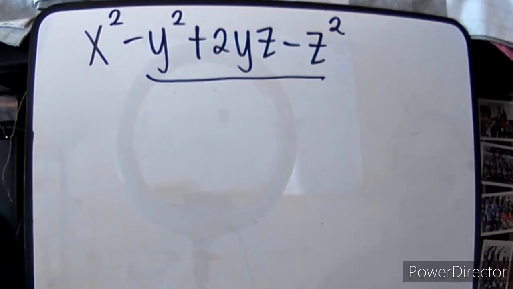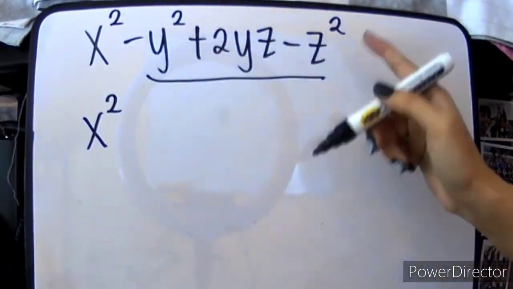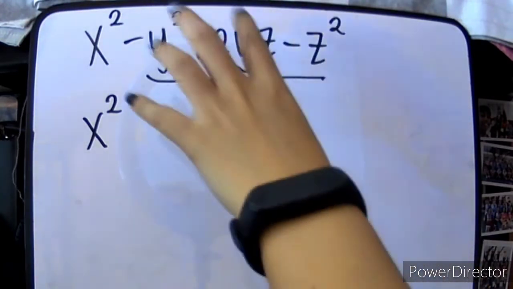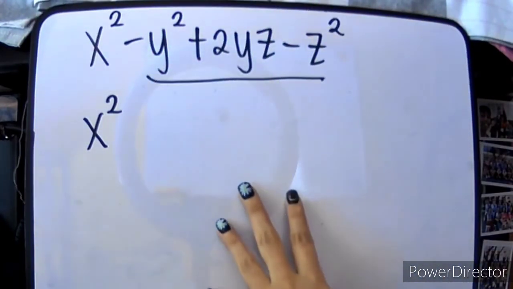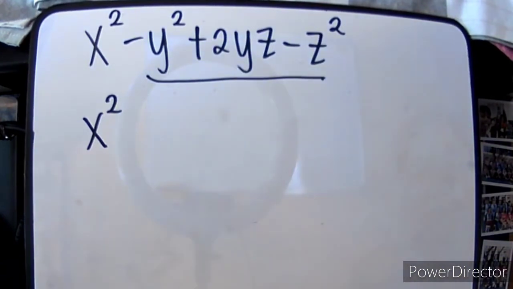So bago pa tayo mag factoring by grouping, dapat you are already familiar with the perfect square trinomial. So let's factor this trinomial. So ang case na 'to, nasa dulo yung tatlong perfect square trinomial. Minsan kasi nasa unahan.